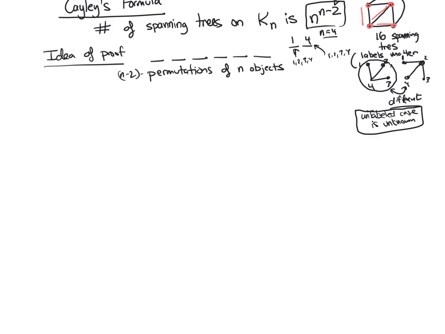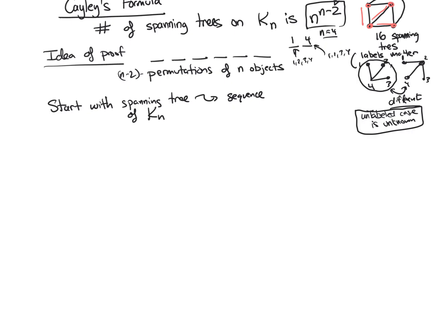One way is you can start with a spanning tree, and we want to produce a sequence of numbers from 1 through n. So this is a spanning tree of Kn.